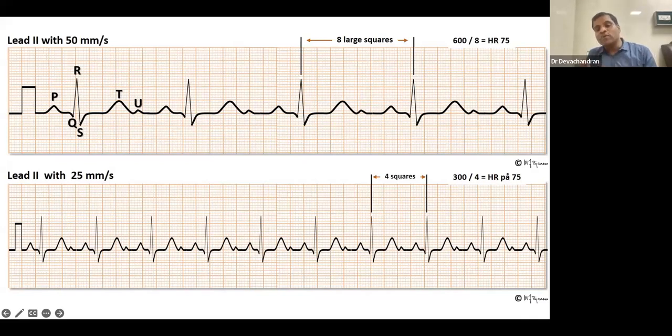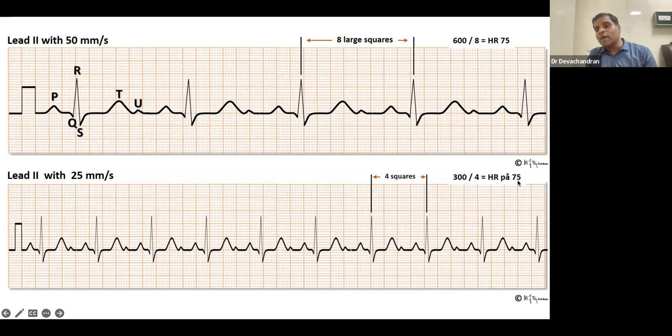So when it comes to calculating the heart rate, which we will talk about, what we normally do is when the ECG is run at 25 millimeter per second, we divide 300 by the number of big boxes between the R waves. So here there are four big squares between the R waves, 1, 2, 3, 4.